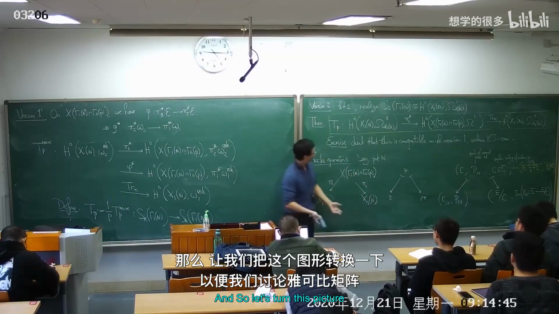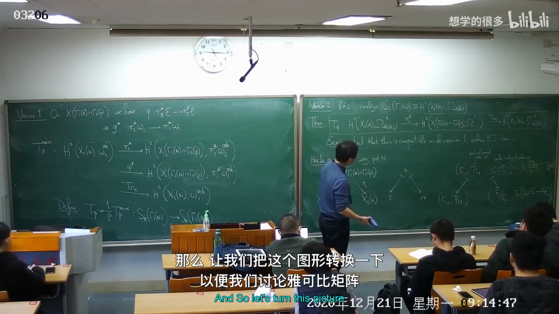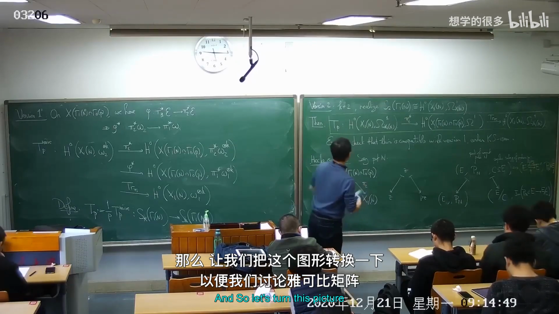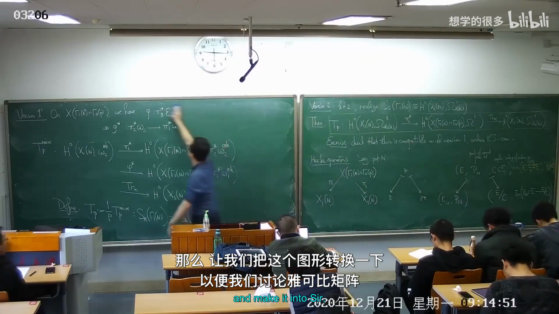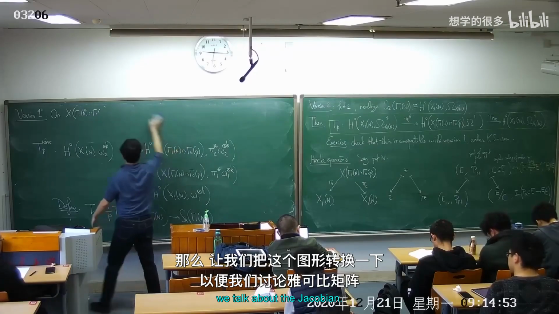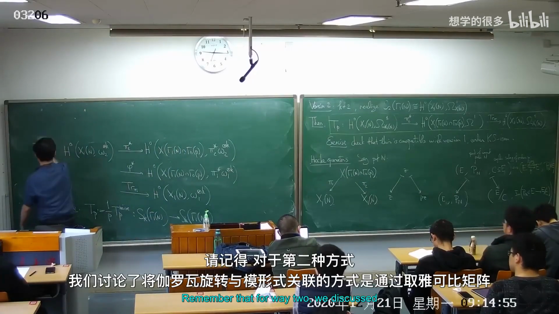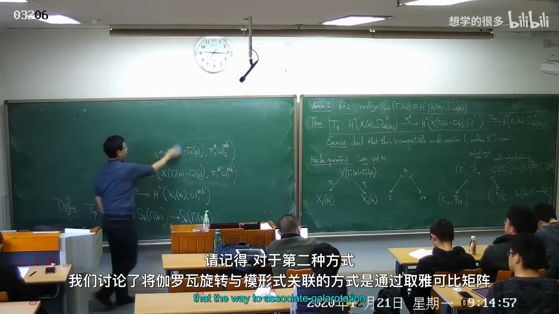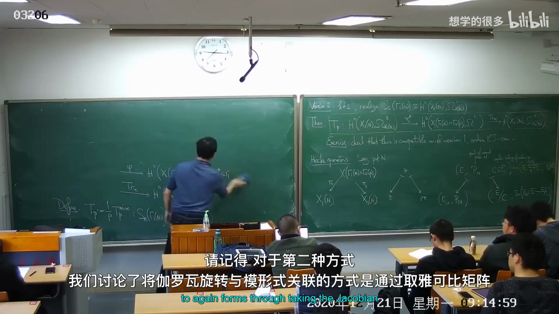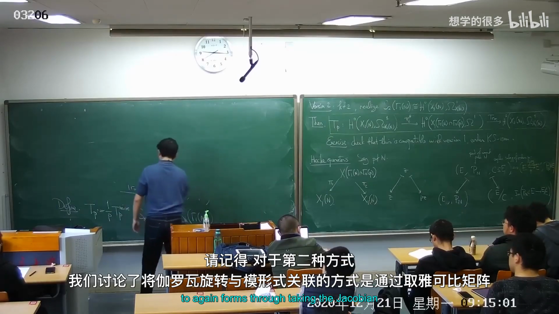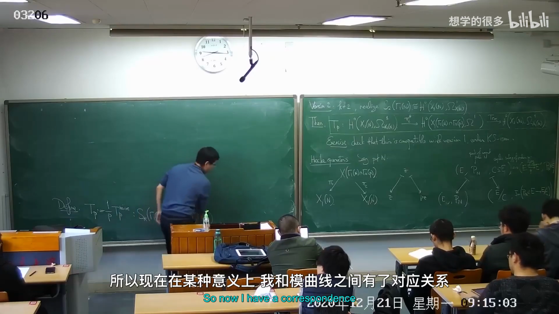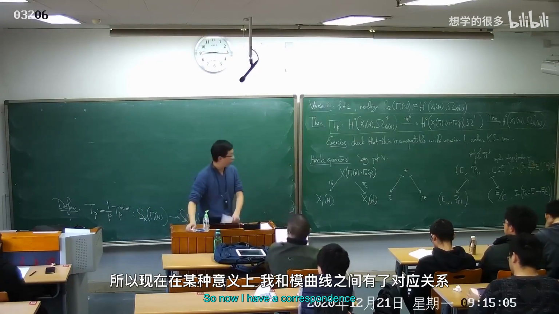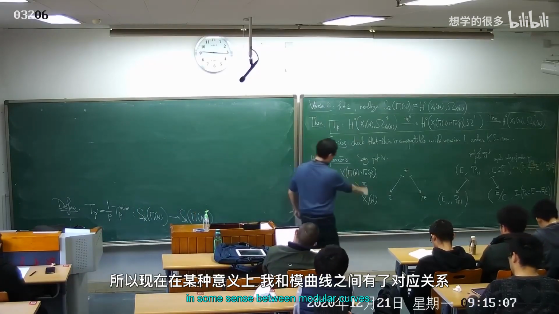And so let's turn this picture into when we talk about the Jacobian. Remember that for weight 2, we discussed that the way to associate a representation to eigenforms is through taking the Jacobian of the modular curve. So now I have a correspondence, in some sense, between modular curves.